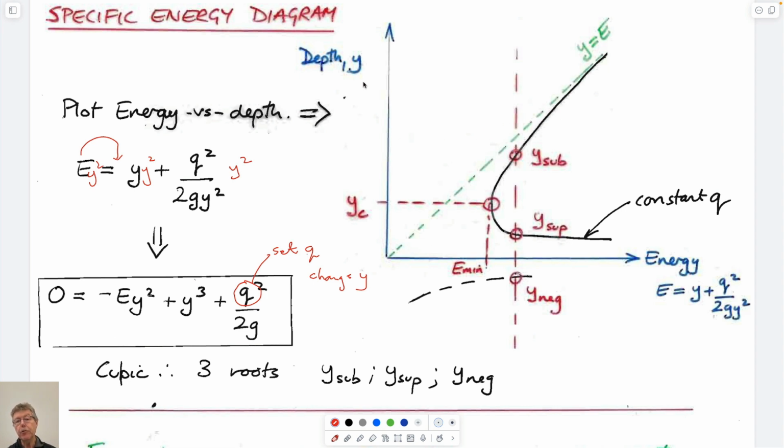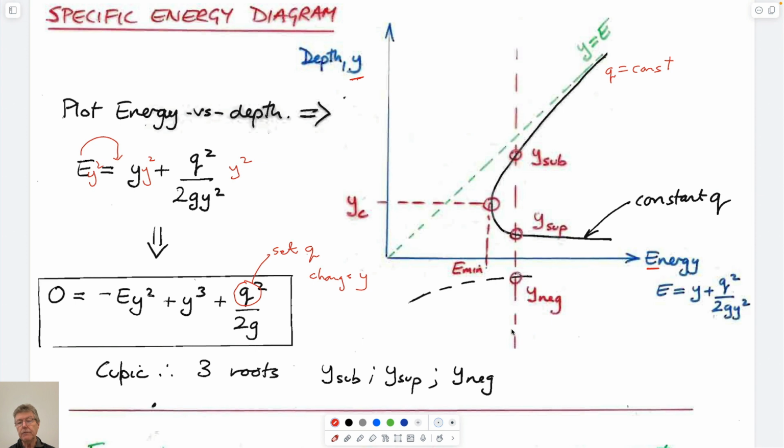So the curve, if we plot Y, depth of flow versus energy, E, will look like this. It looks like for a given Q equals constant, it will look like this. And then there'll be a portion below this axis.